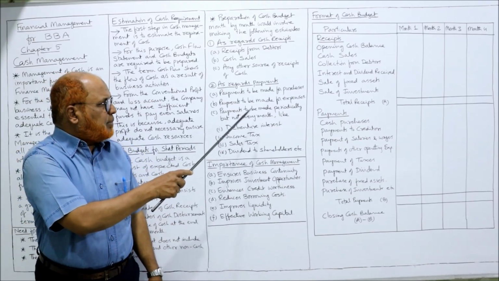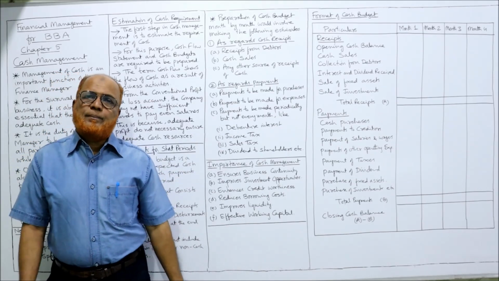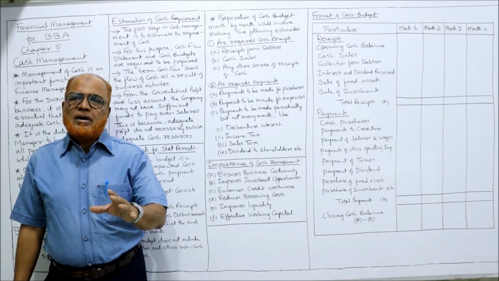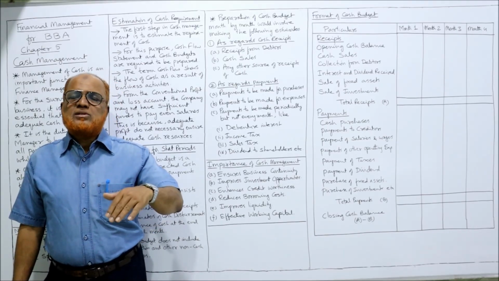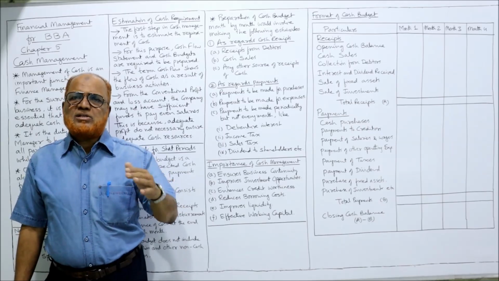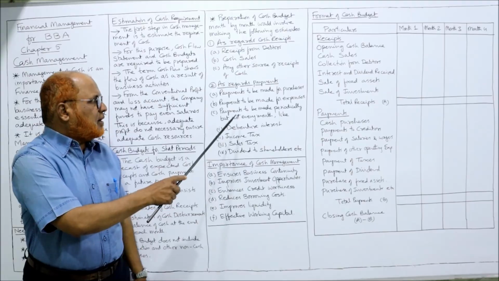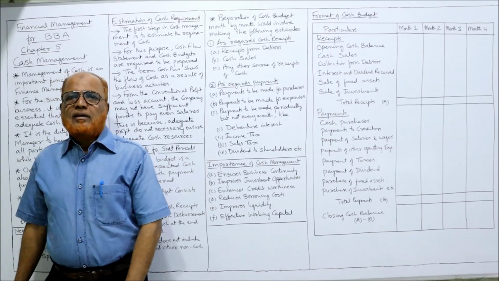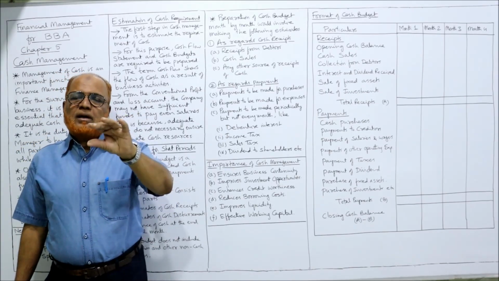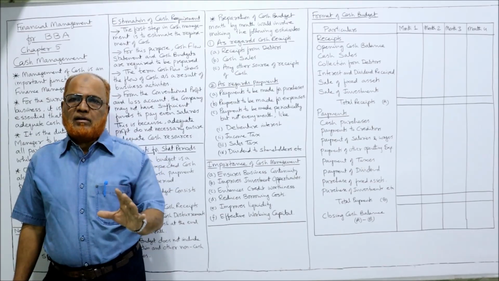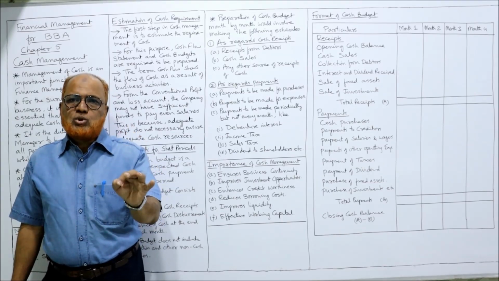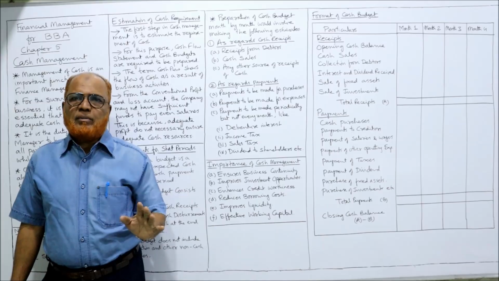Then payments to be made periodically but not every month. There are some payments which are made periodically. That means once in 3 months, once in 4 months, or once in 6 months, not every month. Periodical payment like debenture interest. The company has fixed that we will pay debenture interest on 30th June every year. That means on 30th June we have to make the payment, not every month.